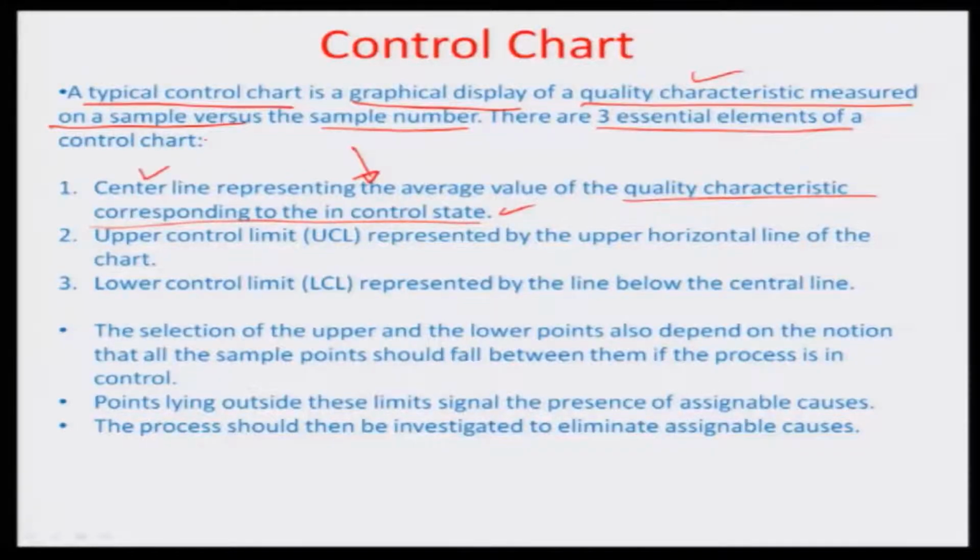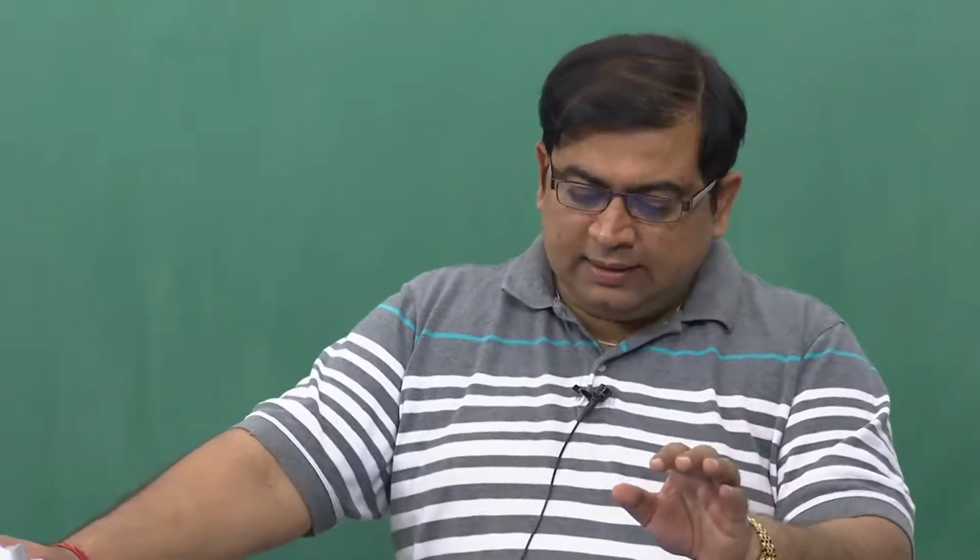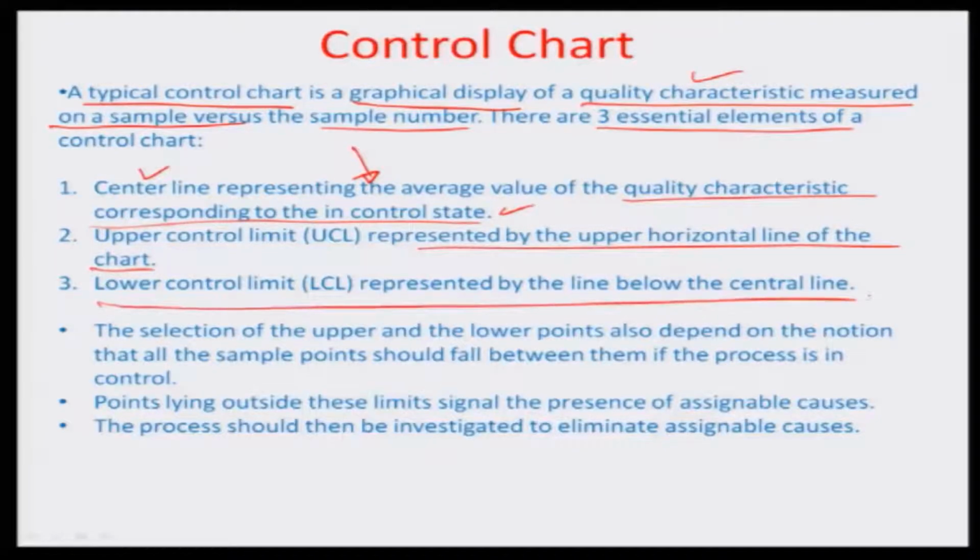That is the center line, and then you have an upper control limit, represented by an upper horizontal line parallel to the center line of the chart, which represents the deviation from the average present in the distribution. Then there is of course a lower control limit, represented by a line below the center line.